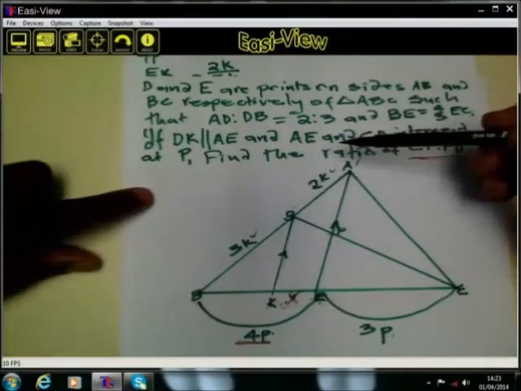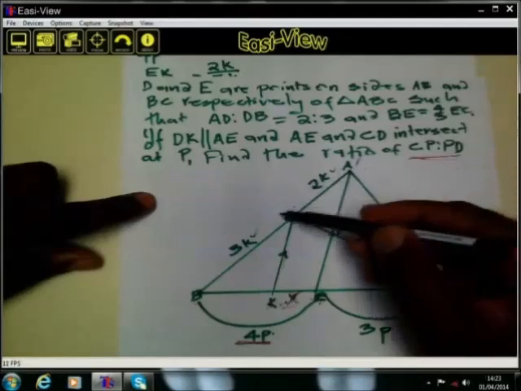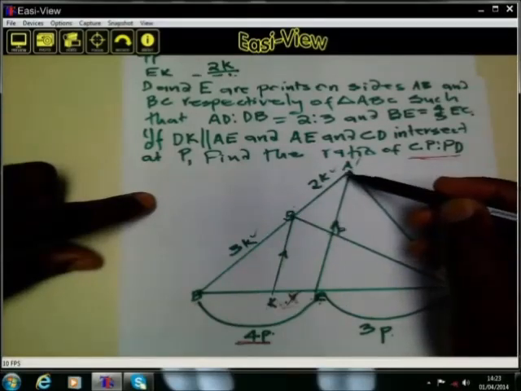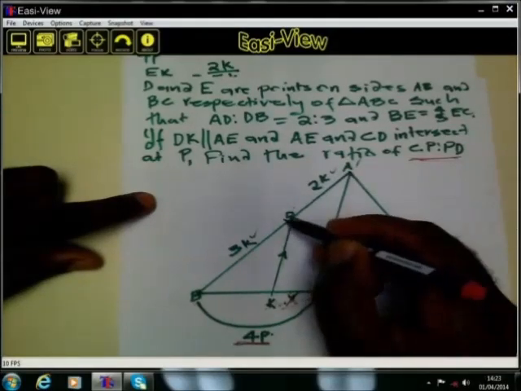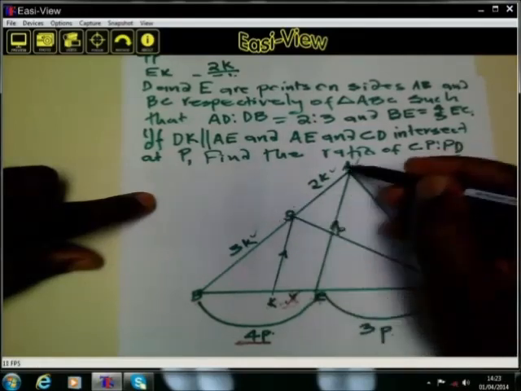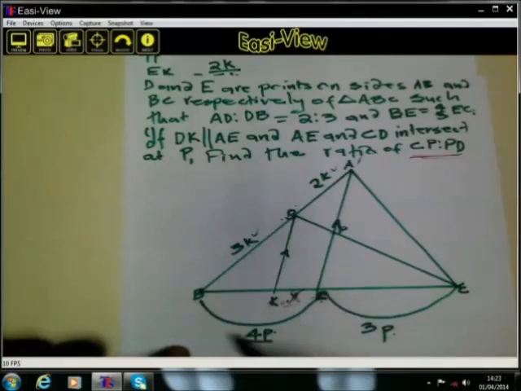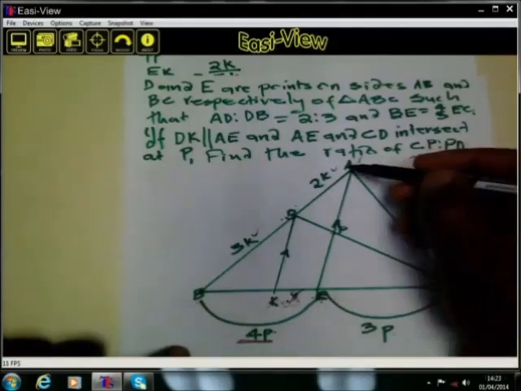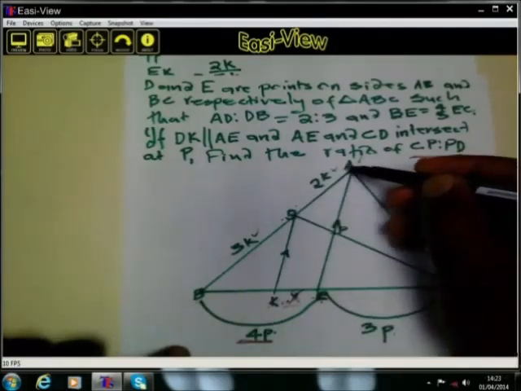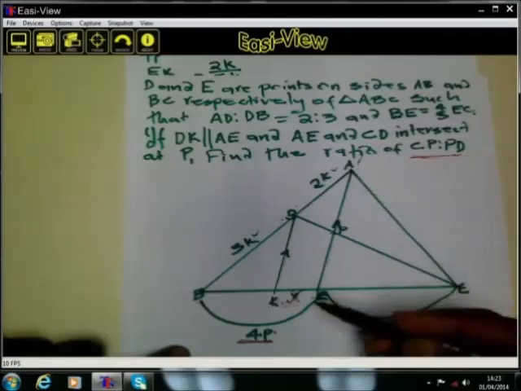It must be equal to side AD, remember we have D here, AD over what? Remember, we have taken the shortest side over the longest side. So we must also take the shorter side over the longest side.